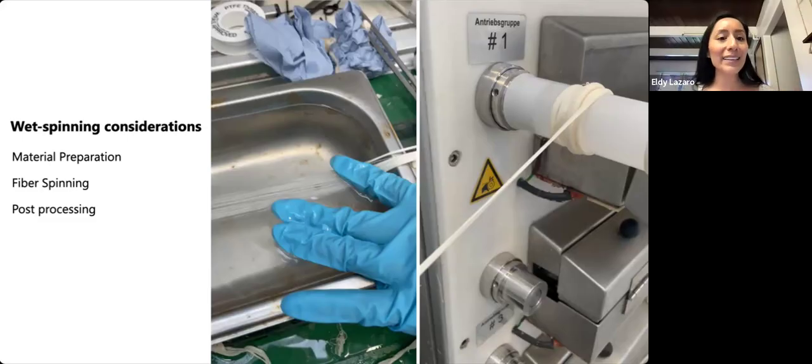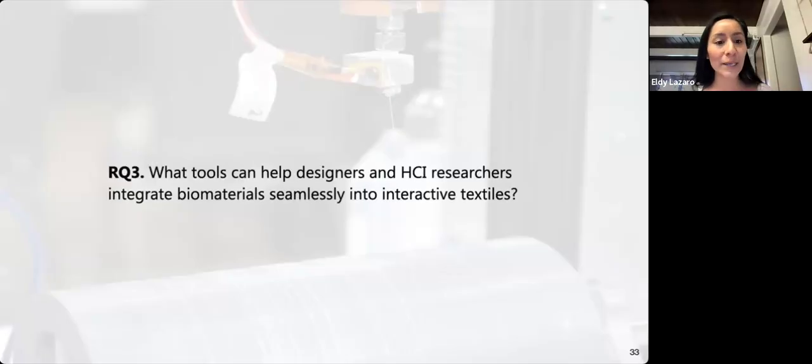But it really inspired what we did after, when I was back in the lab here, noticing that it was difficult, it was not easy. So if we really want to support designers and HCI researchers to explore different biomaterial form factors, and in this case it was mainly leaning towards the space of textiles, what tools do we need to have?